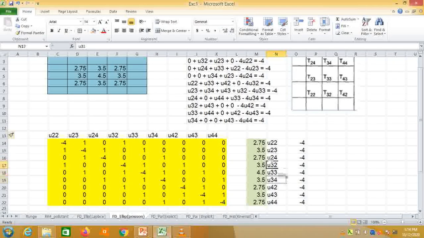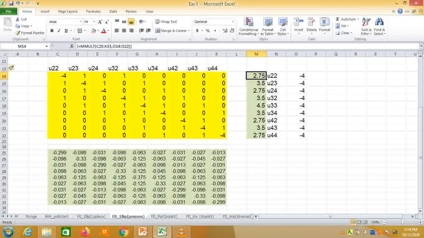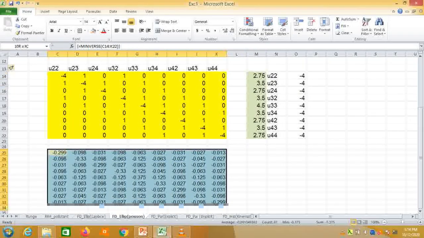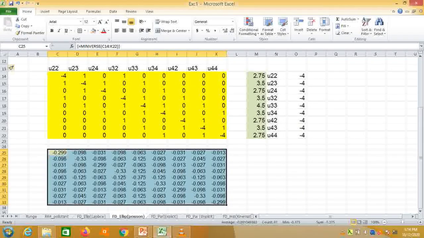So all you have to do is find the inverse, as we did earlier. So we just found the inverse here. That's M inverse, of the matrix with the coefficients. Once you find the inverse, we multiply it with this -4 set of equations, and that should give the values here.